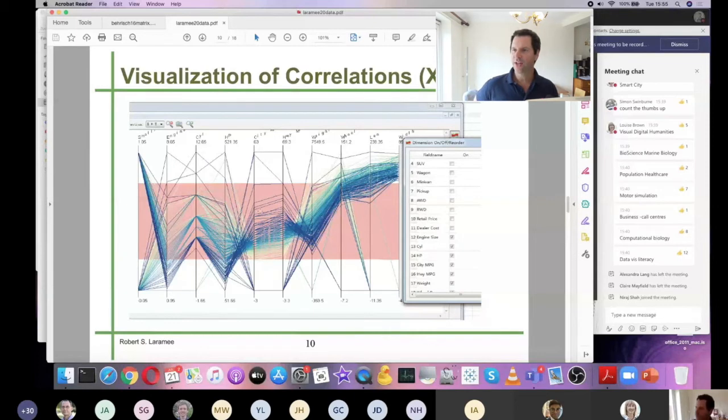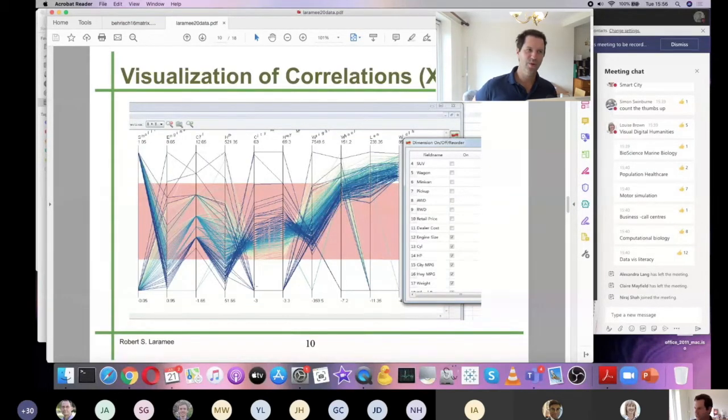So as horsepower increases along this horsepower axis, the city miles per gallon decreases, right? And that's intuitive as well. High horsepower means a larger engine. A larger engine means lower fuel efficiency. And then you can see the opposite is true.